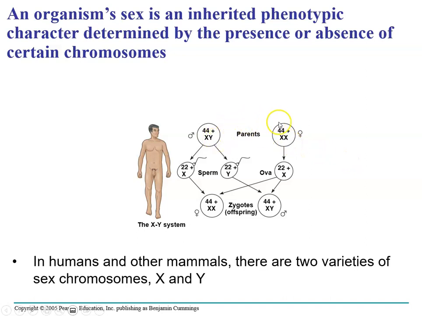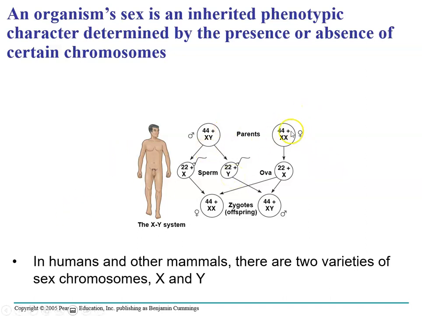So what's shown here is how on the left-hand side, the male with 44 autosomes and an X and a Y chromosome would in his sperm give half the sperm the X chromosome along with 22 autosomes, and the other half of the sperm would have the Y chromosome plus 22 autosomes.